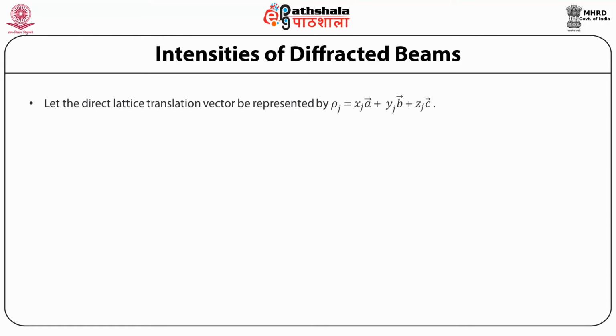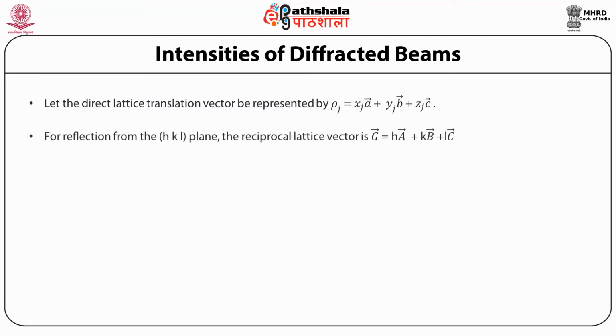Let the direct lattice translation vector be represented by rho j equals xj times the a vector plus yj times the b vector plus zj times the c vector. For reflection from the HKL plane, the reciprocal lattice vector is g, which equals h times the A vector plus k times the B vector plus L times the C vector.